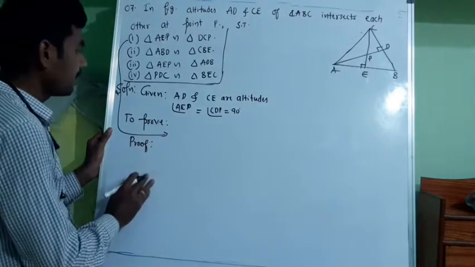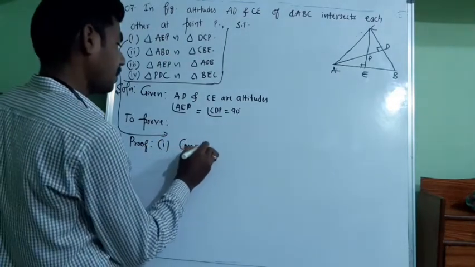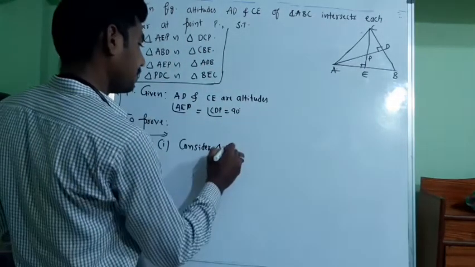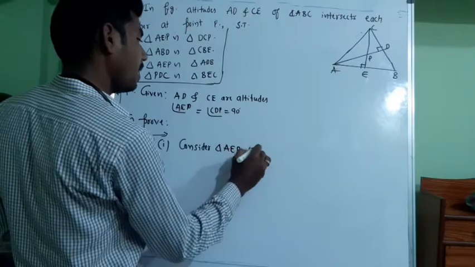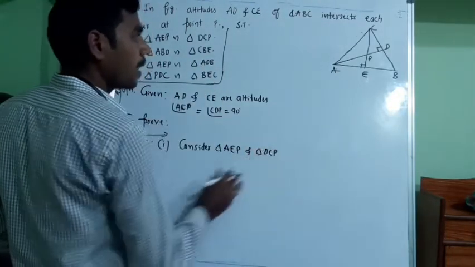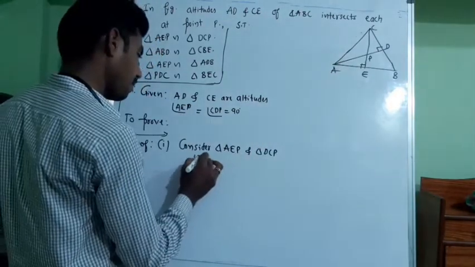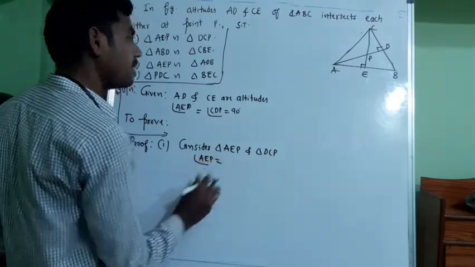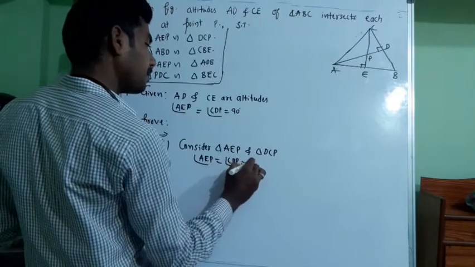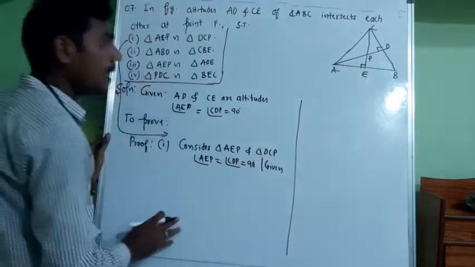The first one. Consider triangle AEP and triangle DCP. In this, angle AEP is equal to angle CDP, both are 90 degrees. This is given. Next, what can I write?